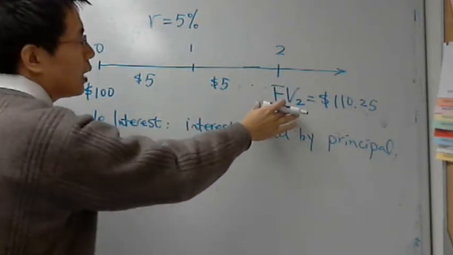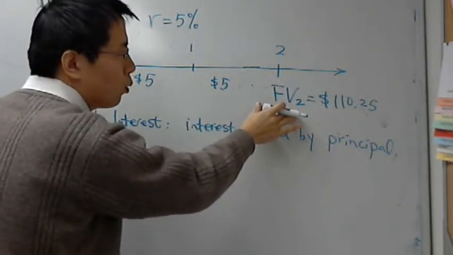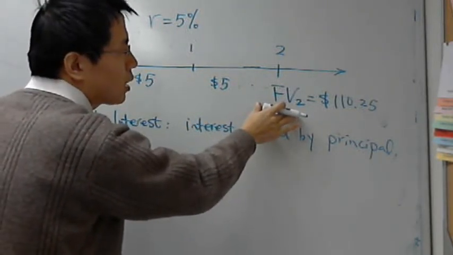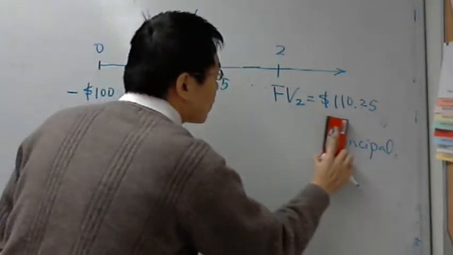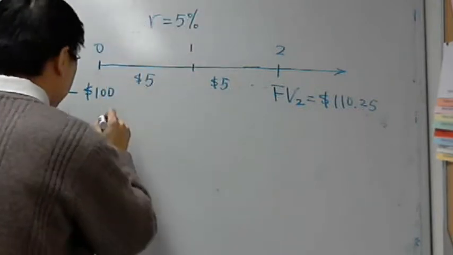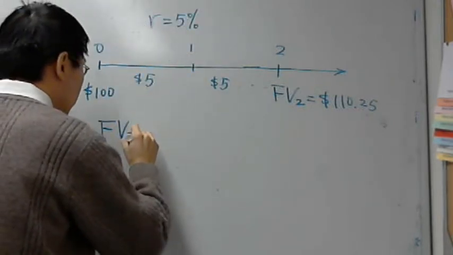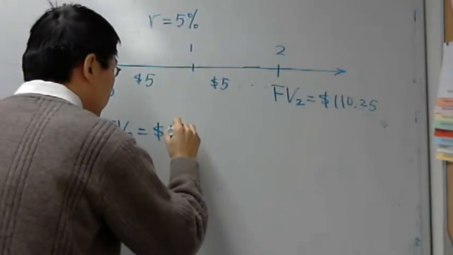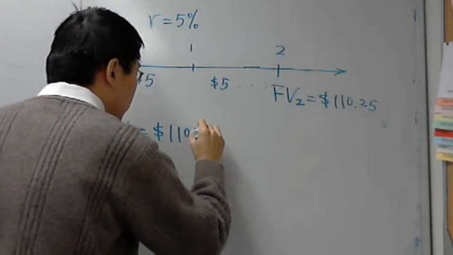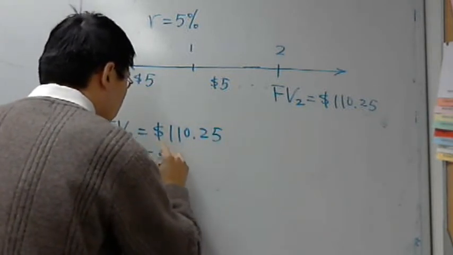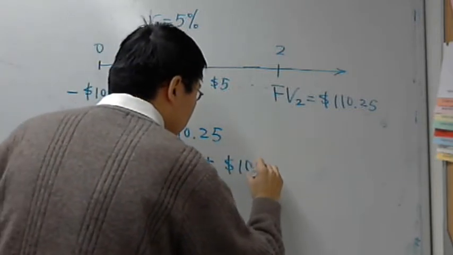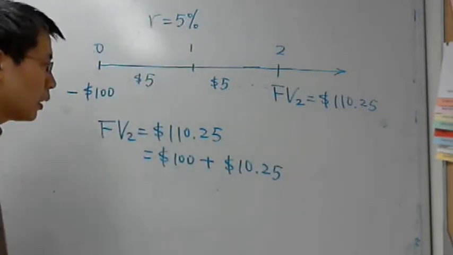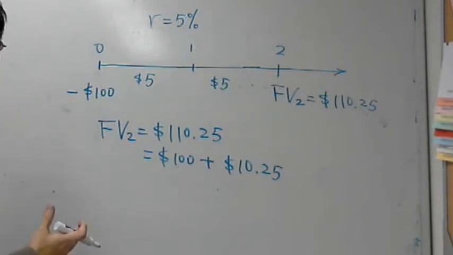Now, let me break the future value, $110.25, into 2 parts.